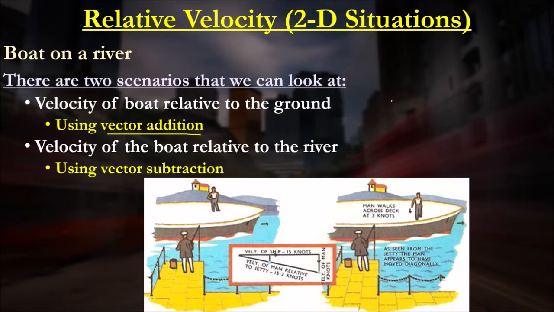Now, say for this, we have a scenario, or even the diagram we have below. We have a person standing on the bank, so on the path, and we have a boat coming across down like this, okay? And we have the water going along in that particular direction, okay?